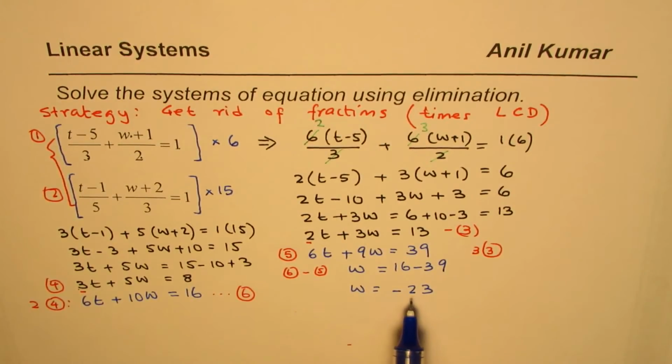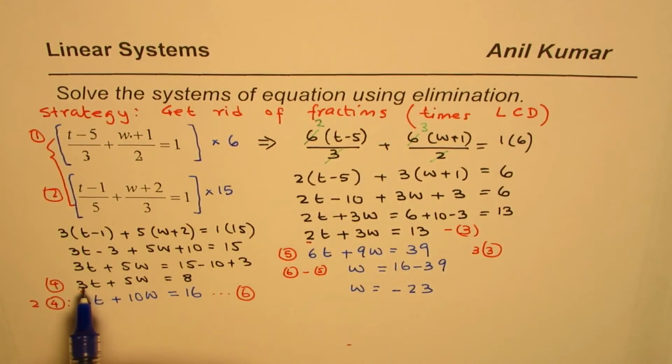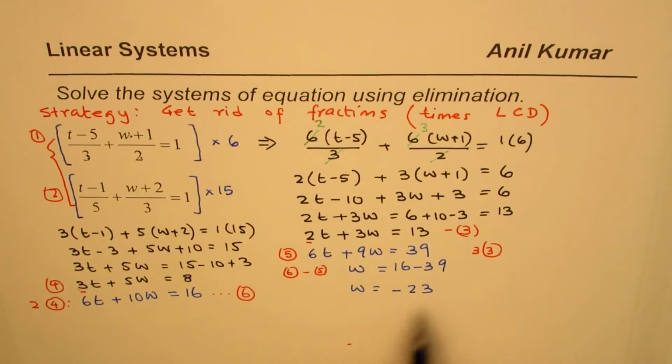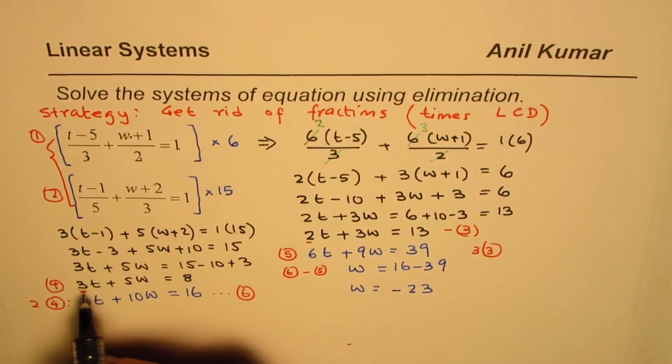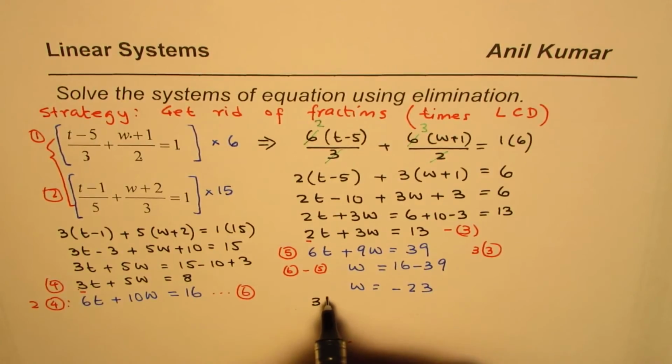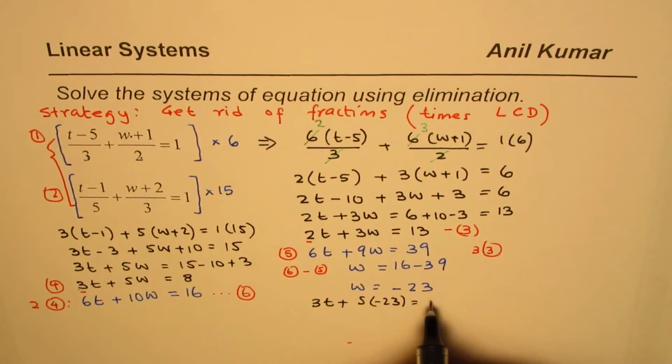Since we know what w is, we can find what t is from one of our equations, correct? So we can substitute this value of minus 23 and get the value for t. Let's substitute in equation number 4. You could use any. Equation number 4 is 3t plus 5w equals 8. In this equation, we'll write w as minus 23. So 3t plus 5 times minus 23 equals 8.